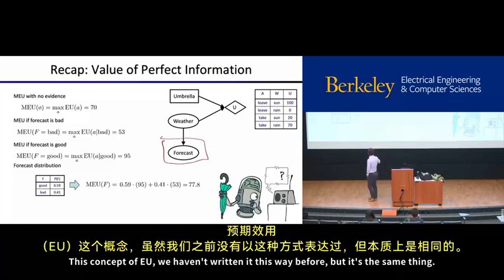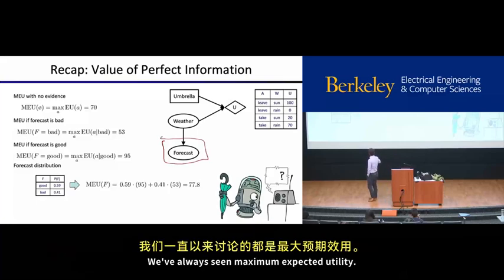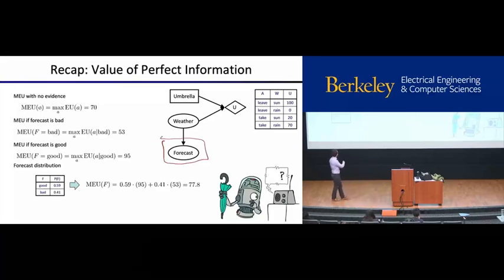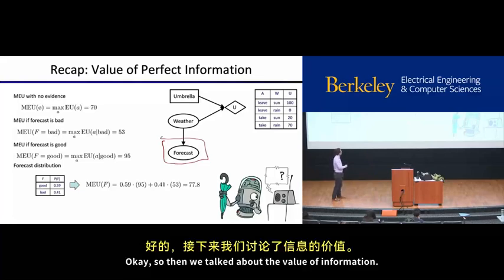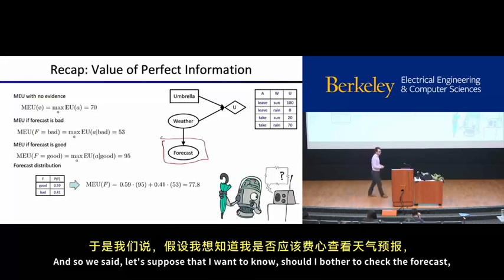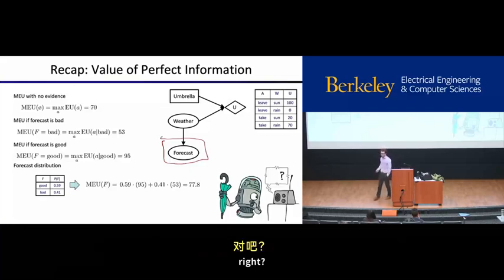So my maximum expected utility of opening the box, of seeing the forecast, is 59% times 95. That's 59% times the forecast being good, and 41% times the forecast being bad. And in each case, I'm doing the maximum expected utility thing underneath. So the value of seeing the forecast is that I'm getting this maximum expected utility over the expectation of these two different outcomes.